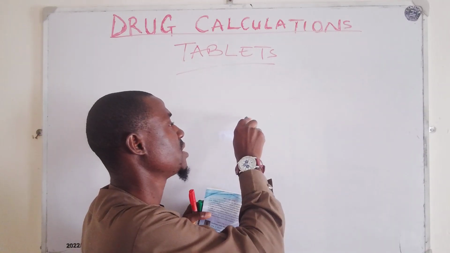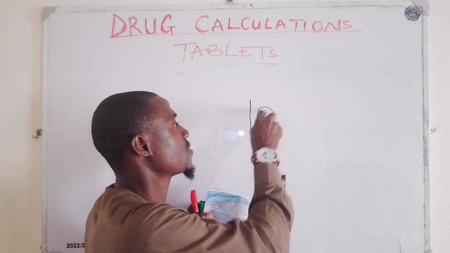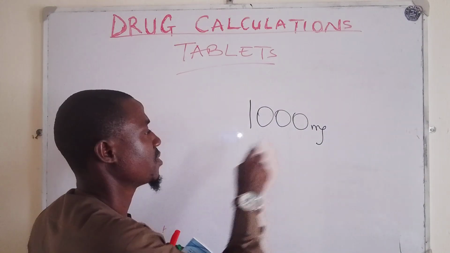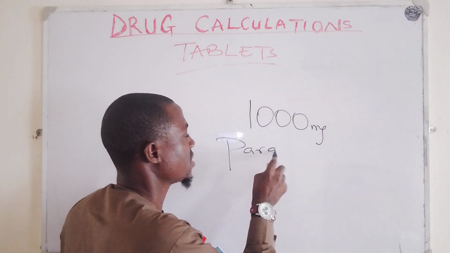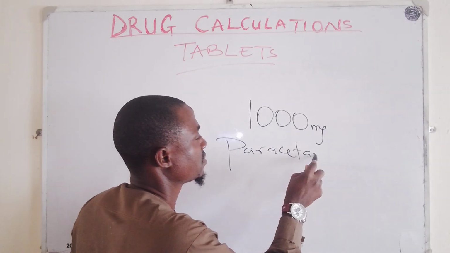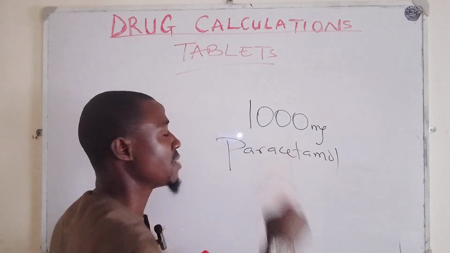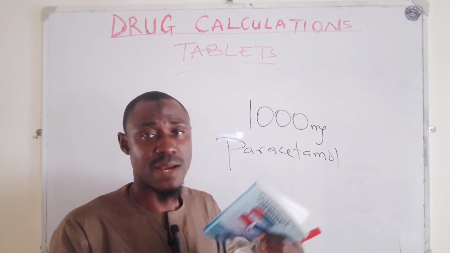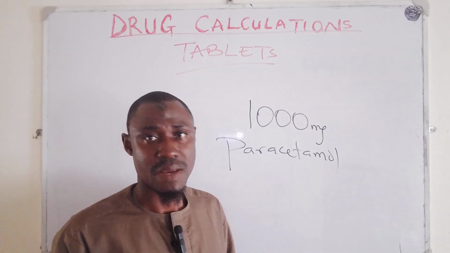Take for instance, if I say a patient should be administered, let's say, 1000 milligram of paracetamol. So 1000 milligram of paracetamol. This is what the prescription sheet is reading, or what I am to administer to my patient.